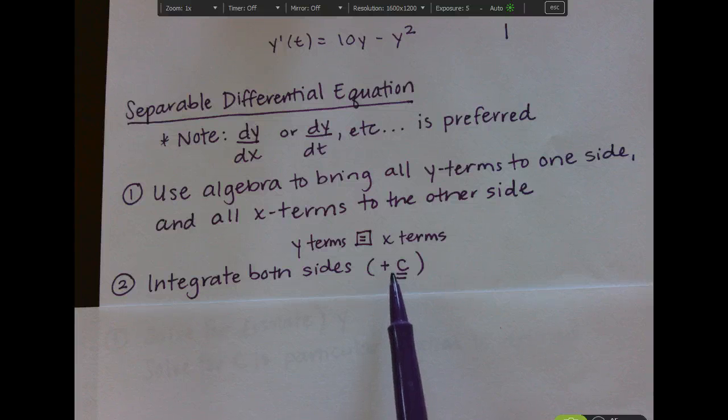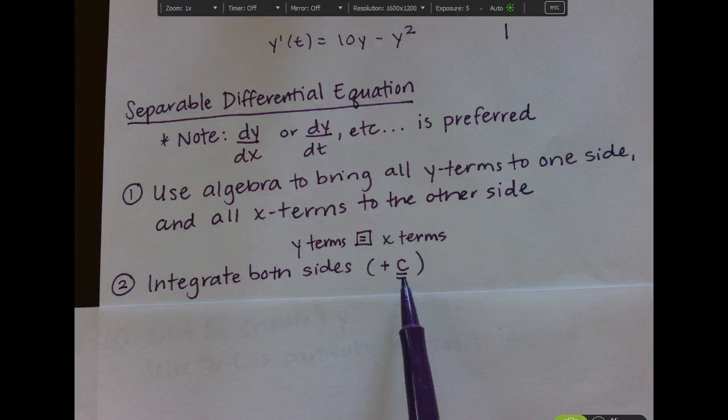When you integrate these indefinite integrals on both sides of the equation, they'll both result in adding constants of c. However, if you have two constants, each one on a different side of the equation, you could combine those two constants into a different constant, still called c, but you'd only need to note it on one side of the equation. So that's often what you'll see, is plus c added to only one side. That just means that the two constants were combined.